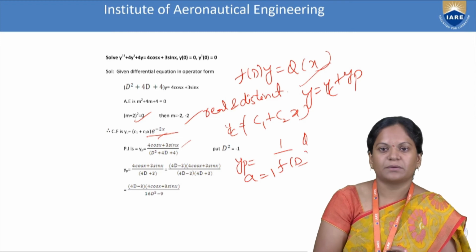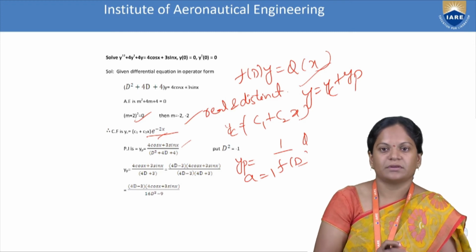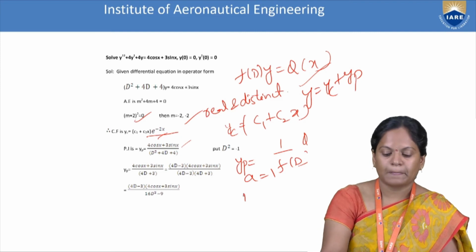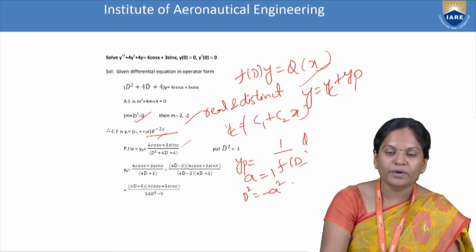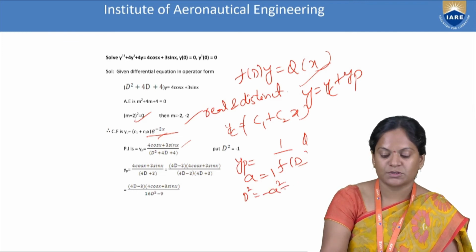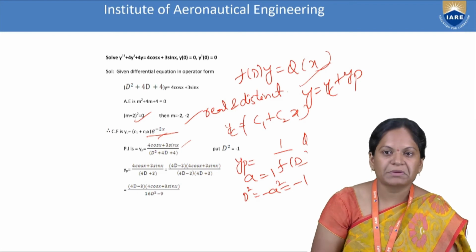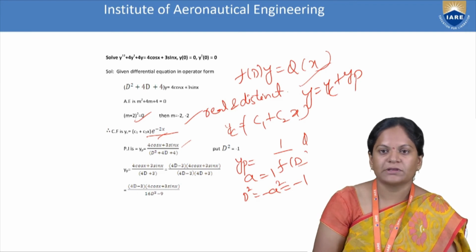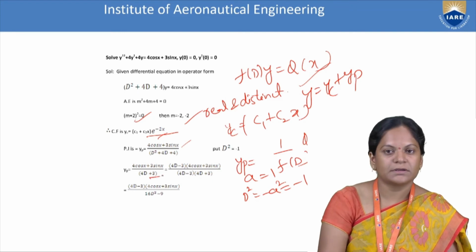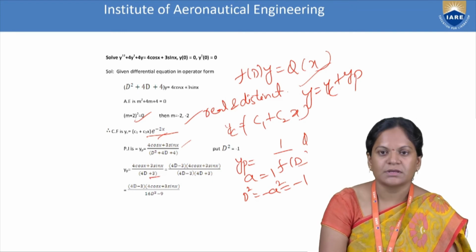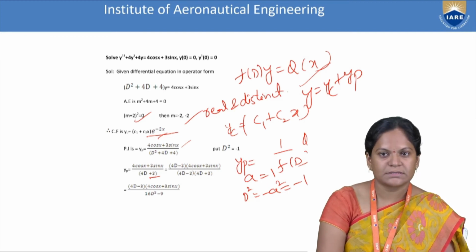So yp is 4 cos x plus 3 sin x divided by d square, which is minus 1, plus 4d plus 4. Minus 1 plus 4 becomes 3. So the numerator is the same, q of x, 4 cos x plus 3 sin x, divided by 4d plus 3.